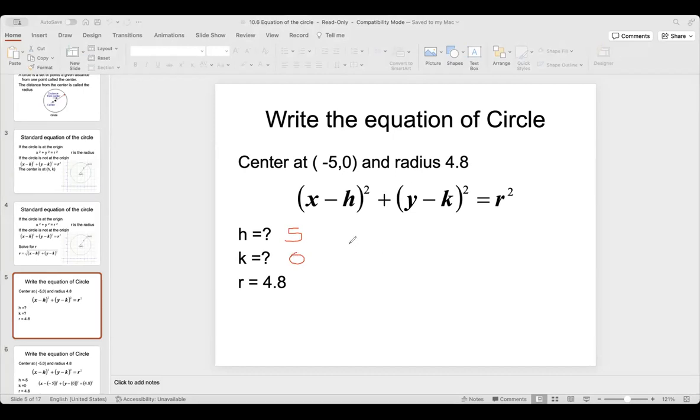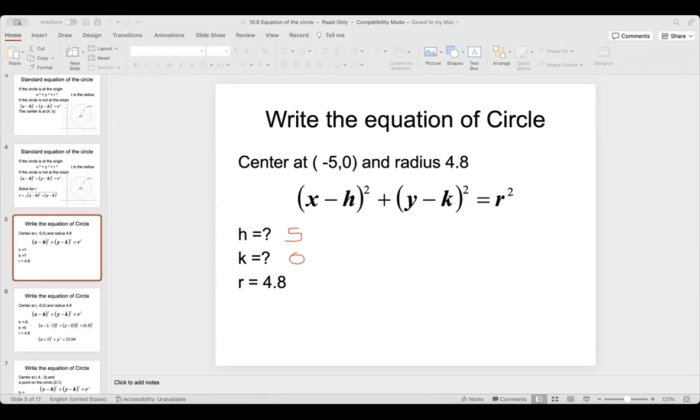So you need to do x plus 5 squared plus y squared equals what? 4.8 squared equals 23.4. You put that one there. That's it.